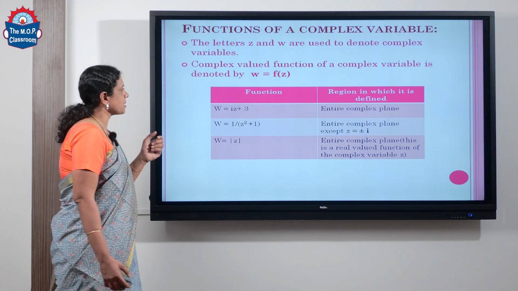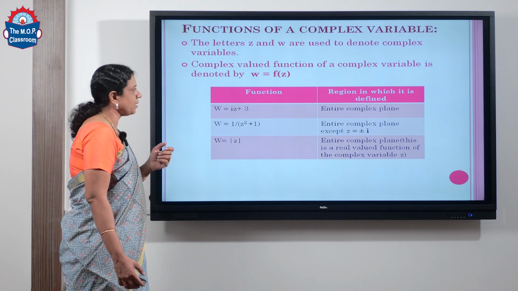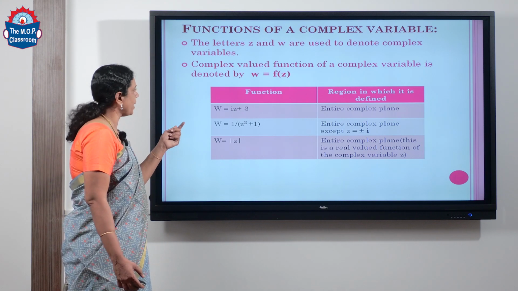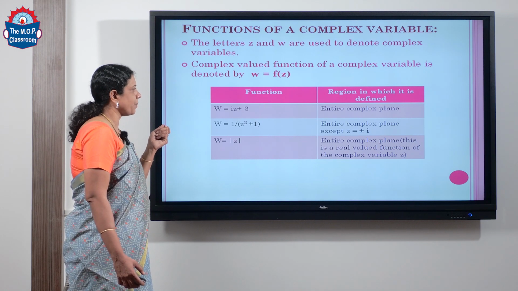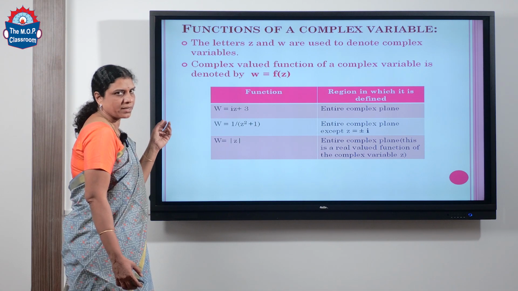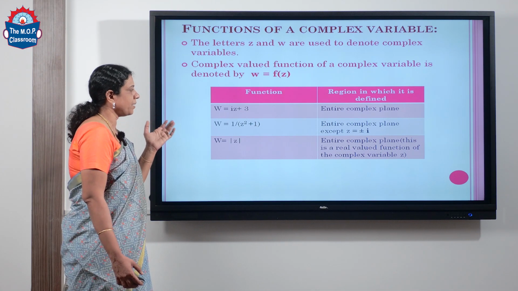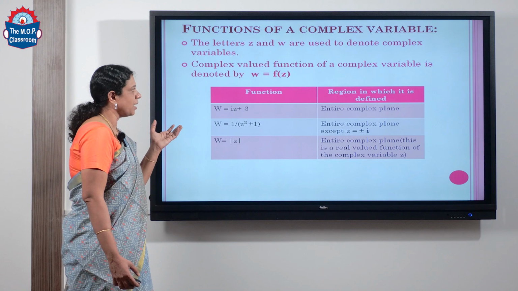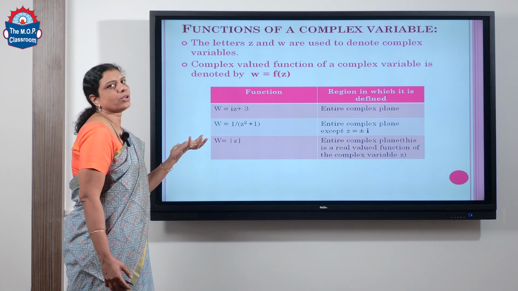Now we discuss some functions and the regions in which they are defined. The function w equals iz plus 3 is defined for whatever value of z, so it is defined on the entire complex plane.